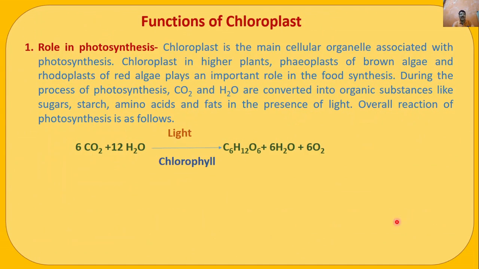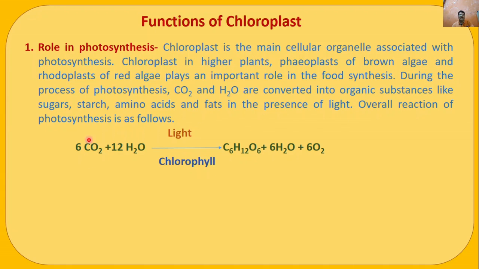Now we will see the last part of the chloroplast, that is the functions of chloroplast. The first and very important function of chloroplast is photosynthesis. As we have seen in the structure of chloroplast, quantasomes, thylakoid pigments, grana, stroma, all these different parts are involved in the process of photosynthesis, and they synthesize different substances like sugars, starches, amino acids, fats, etc., in the presence of light.